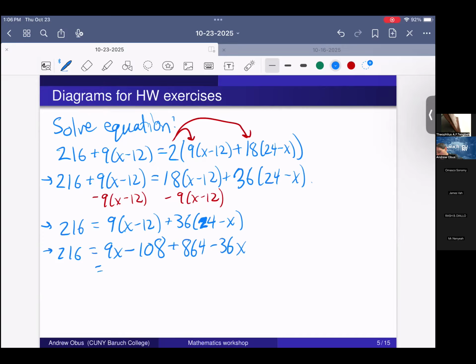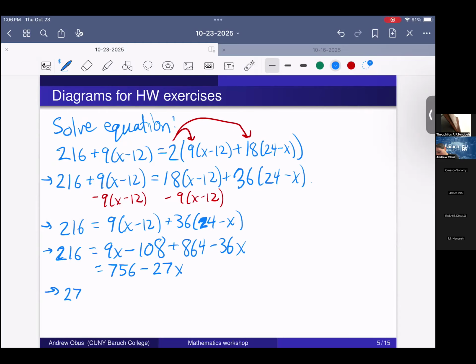And that is equal to, combining the 108 and the 864, that would be 756, and then 9x minus 36x, so 756 minus 27x. Right, x equals 20. Yeah, this seems right. Yeah, that's good. So let's just solve this, right?